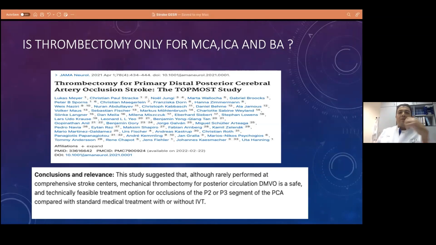And now I want to give some insights about other arteries. It's not just MCA, ICA, or basilar artery. You can also do a thrombectomy for the posterior cerebral artery or anterior cerebral also. And here's a publication about the posterior cerebral artery.